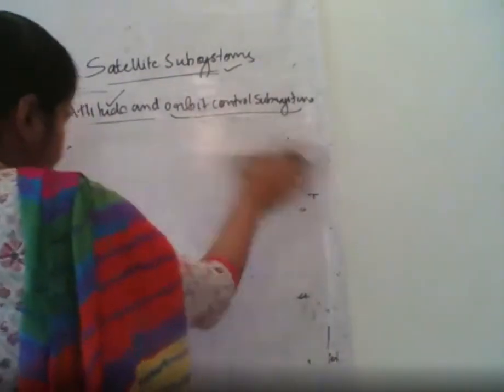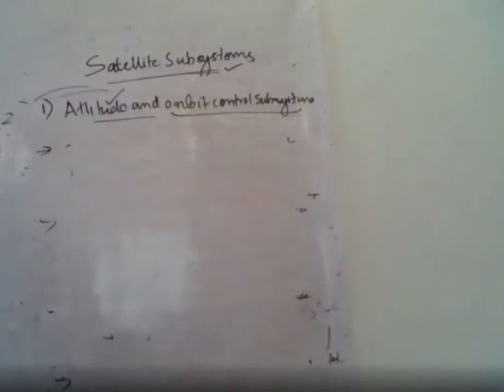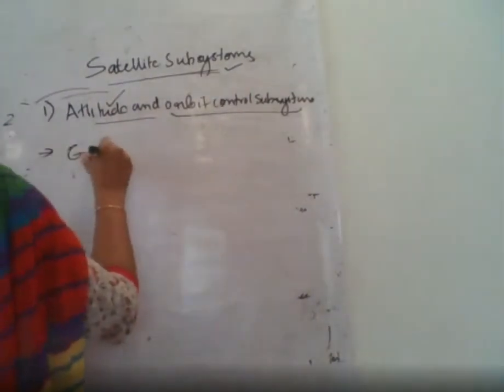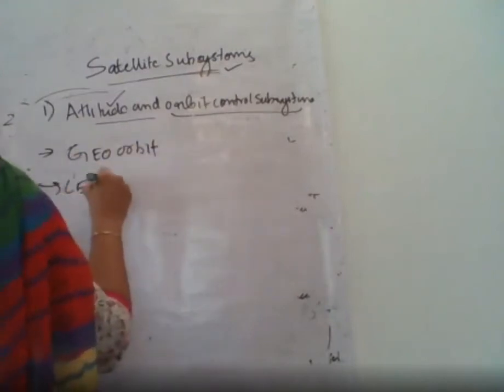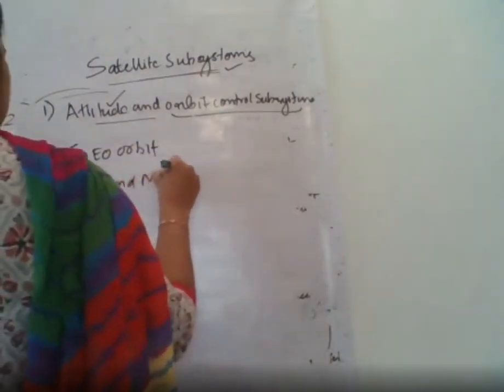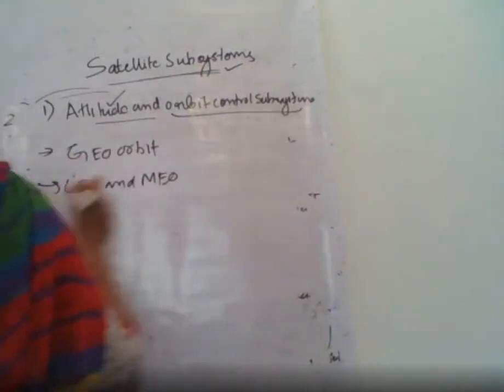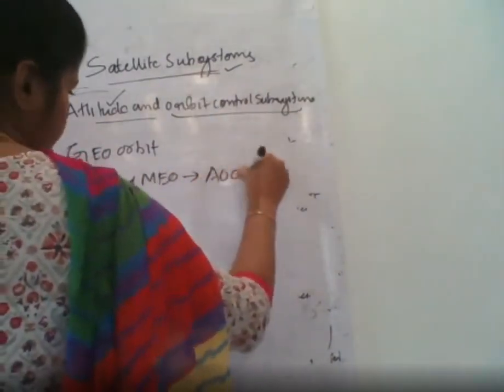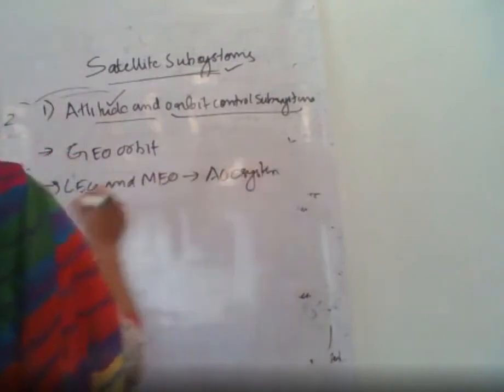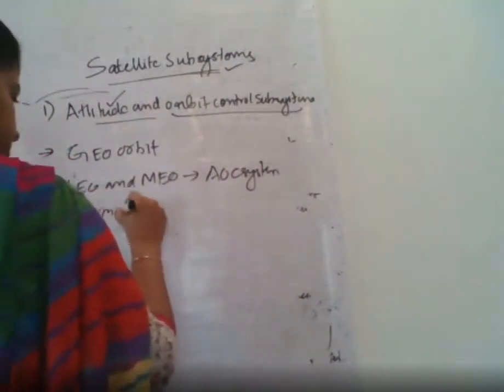Other than the GEO orbit, LEO and MEO orbits, that is low Earth orbit and medium Earth orbit, also need this AOC system to maintain the correct orbit.